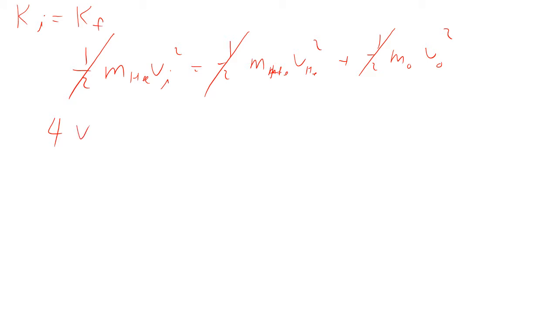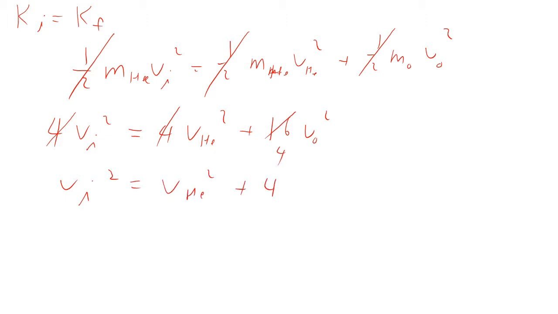We've got 4 atomic mass units and 4 atomic mass units times velocity of helium squared plus 16. We divide through by 4s. That makes that a 4. So VI squared equals V helium squared plus 4 V oxygen squared.